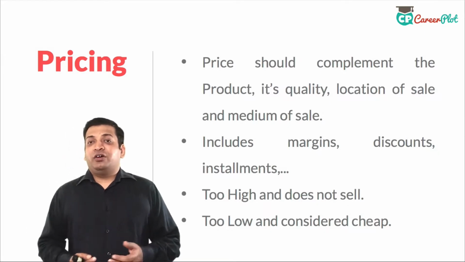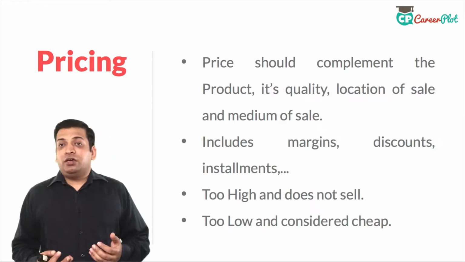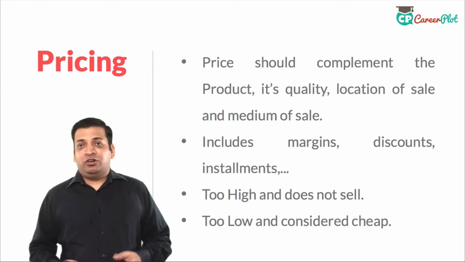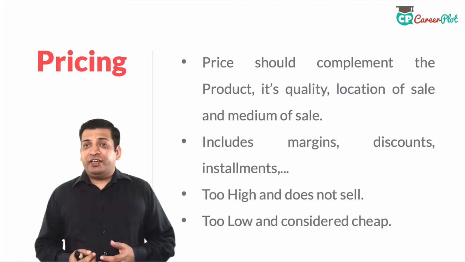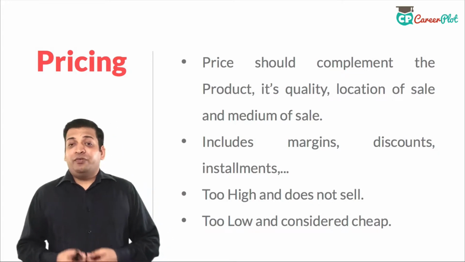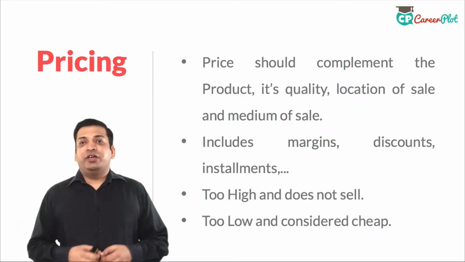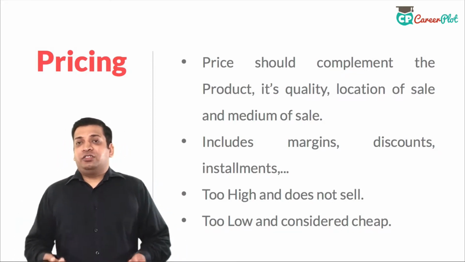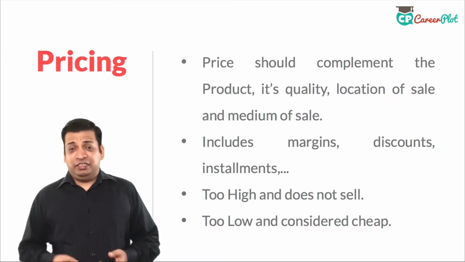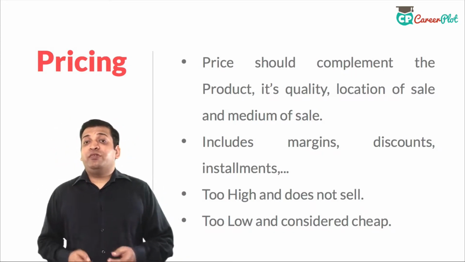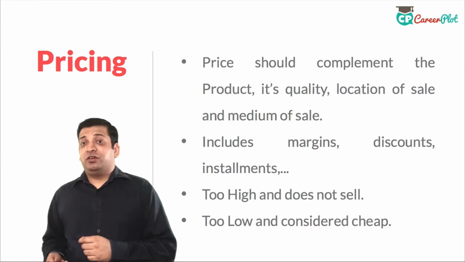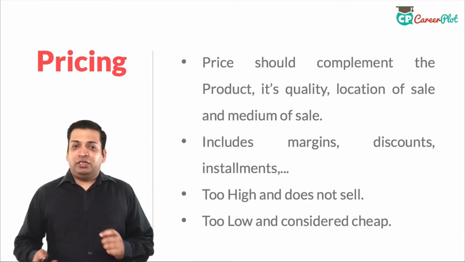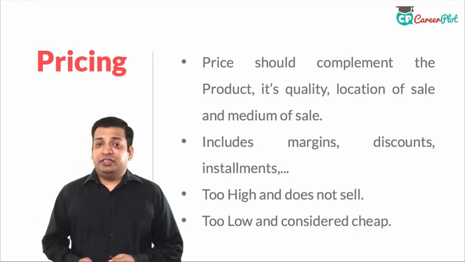Generally, no product online sells for more than 100,000 or 200,000 rupees because it's just too expensive to buy online. It's not easy to sell. Whereas in the physical world, you can buy furniture of 100,000 rupees easily. So price has to be very, very competitive and comparable to the product offering. The disproportion should not be there.